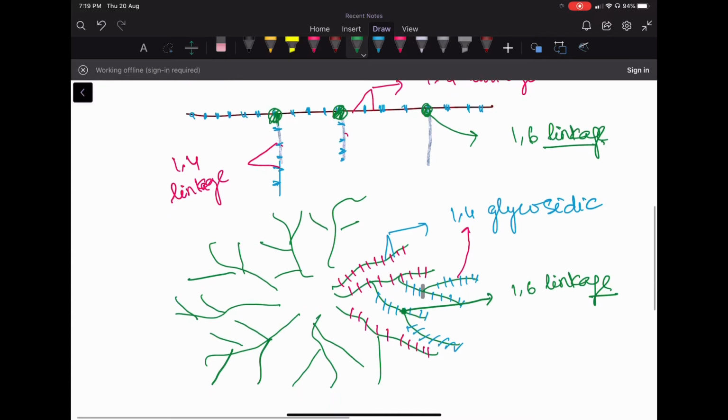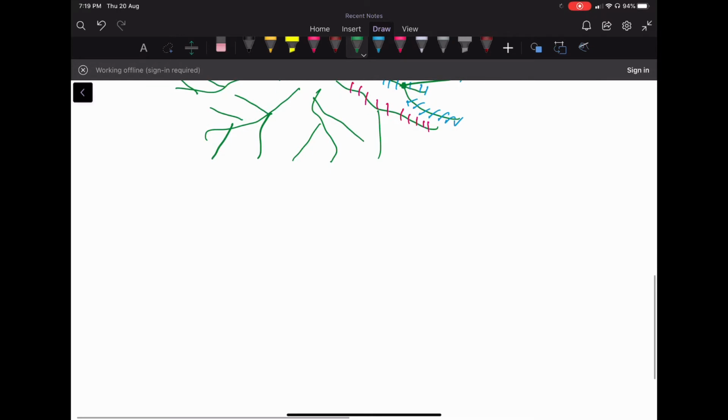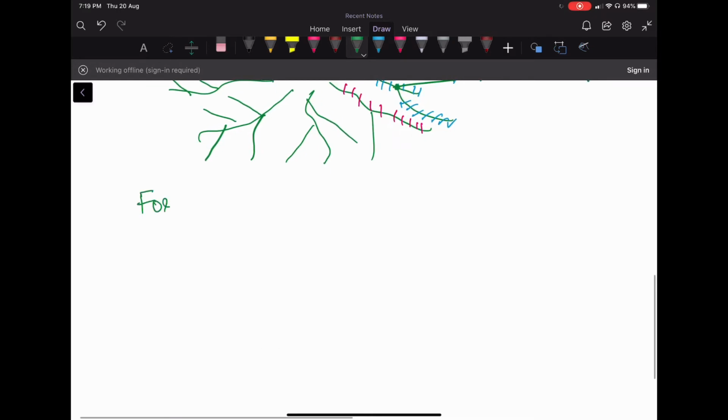Now moving to the next part, which is formation. How is glycogen formed? Its formation occurs in three steps. First is activation, in which there is formation of active glucose.